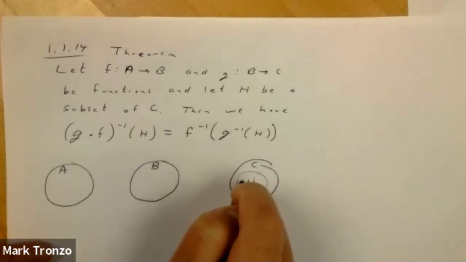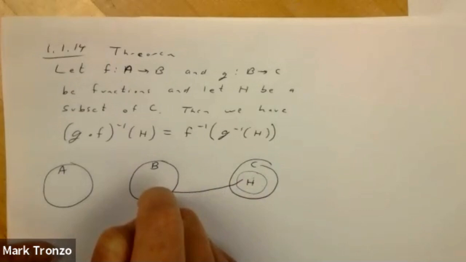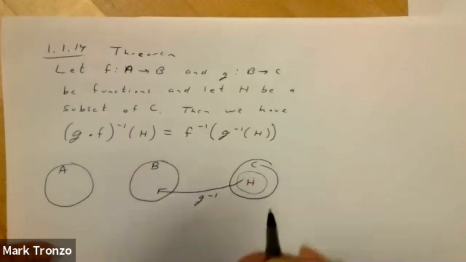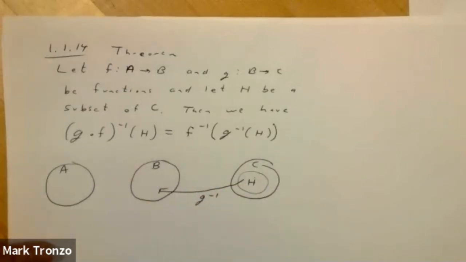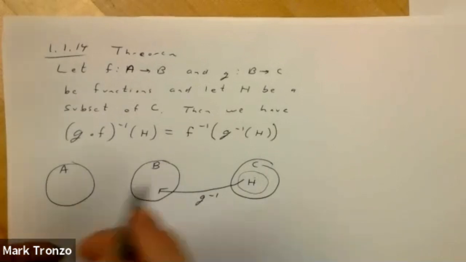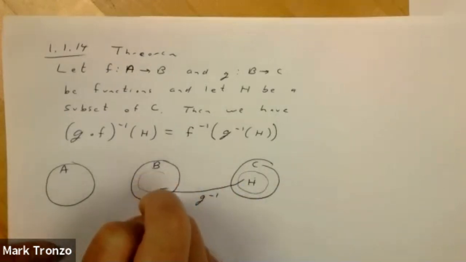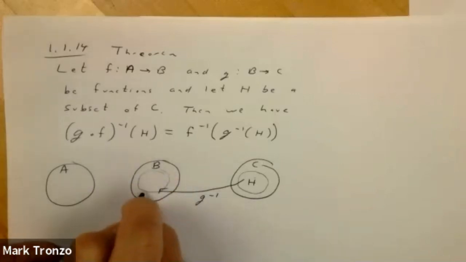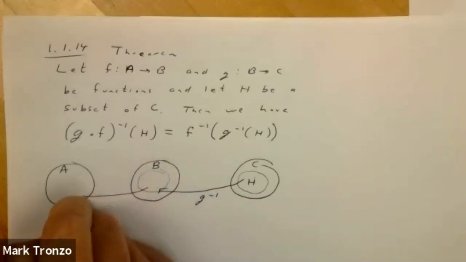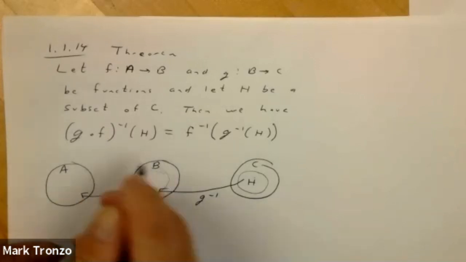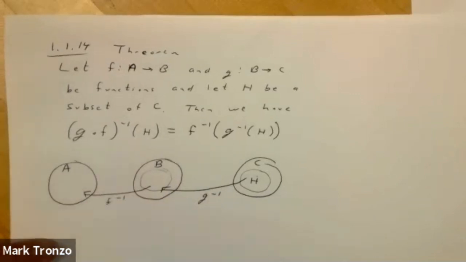And so now when we go back the other way, this G inverse, if G went this way, G inverse is going to go that way. And then it's going to get mapped back to this set. I suppose once again, it's probably going to be that image of F, and then that's going to get mapped back this way. And so it's going to be F inverse like this.